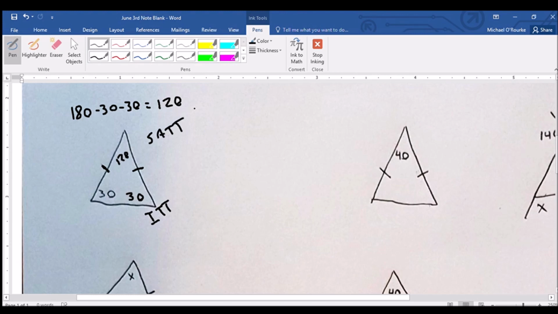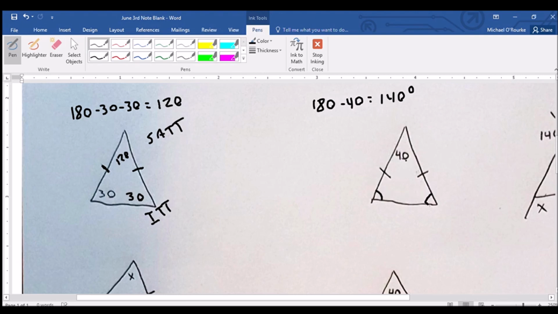Now this one here, we have the peak instead of the two corners. Okay. So my first question is, how many degrees do we have left? Well, we have 180 degrees in a triangle, minus 40, which is going to give us 140 degrees left. So we have 140 degrees that go between these two corners. Now we know these two corners are equal, right?